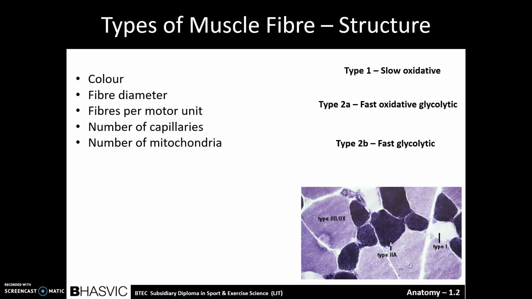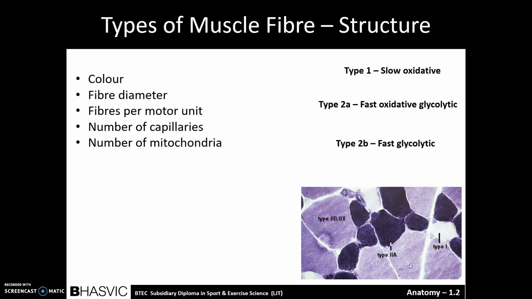This means that the FOG muscle fiber would have the next amount of mitochondria in them, so it would have less than slow oxidative, but more than the fast glycolytic muscle fibers, as it still has a reasonable amount of capillaries, so it can still use it to produce ATP.